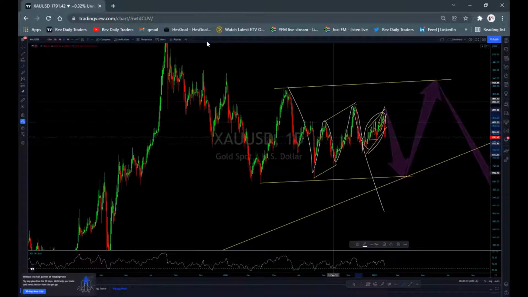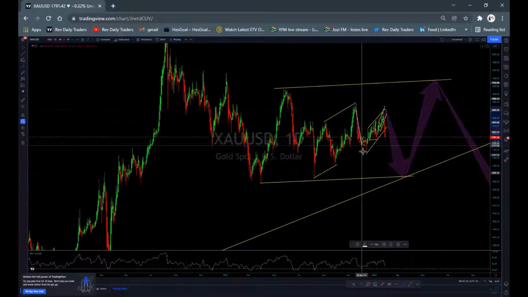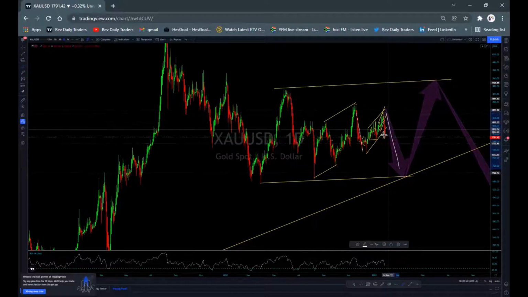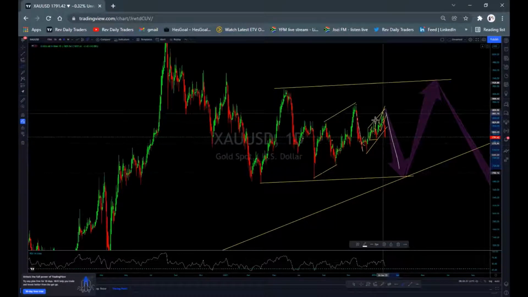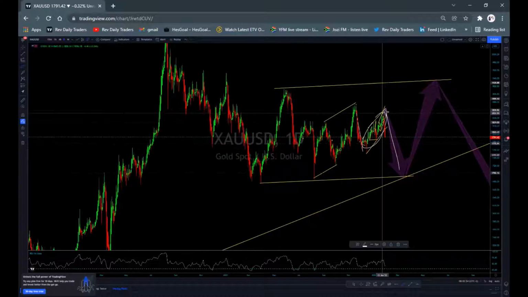So how are we going to trade? We'll be looking for this impulse to be here. So now, after getting this correction, we'll wait for a nice setup on lower time frame to go down.